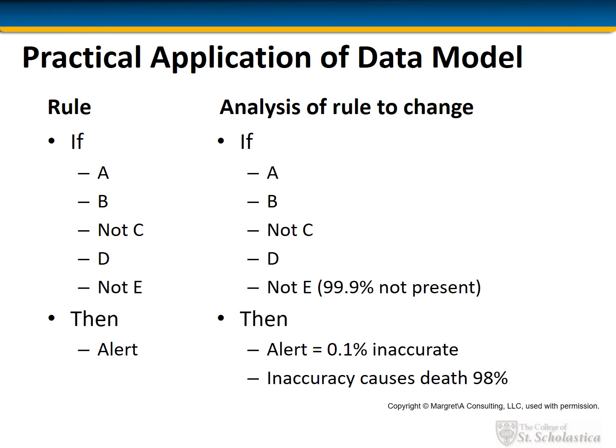However, if not being able to tolerate the standard formulation could cause death in the vast majority of cases where such is needed, a very small percentage, but perhaps 98% of the time there is a death that results from the formulation not being changed, this factor must be considered in deciding whether or not to drop the data element E formulation. A review of the data model and how the rule is processed can help determine the potential for risk if the alert is not provided.